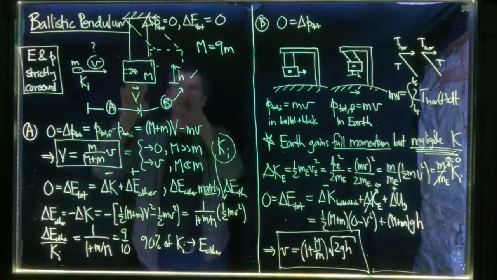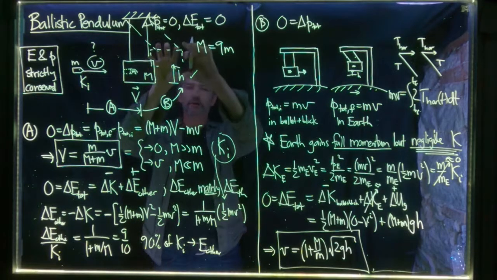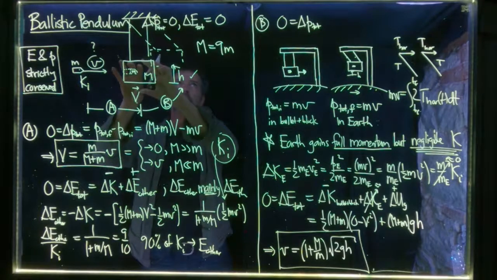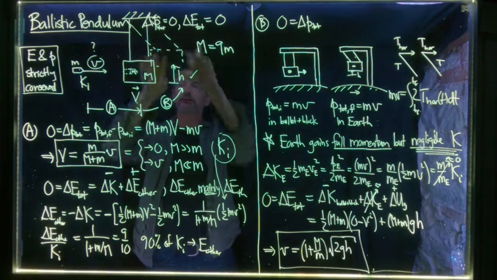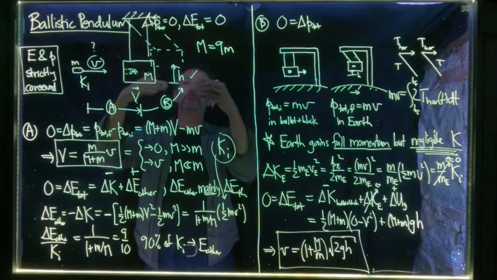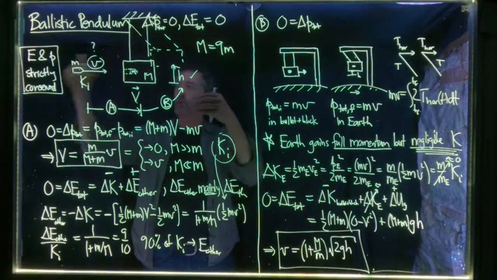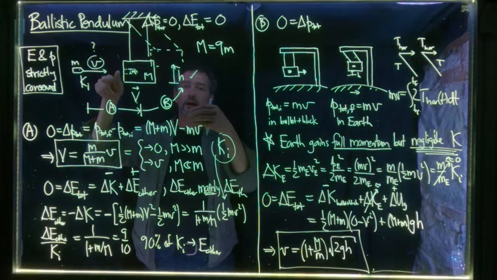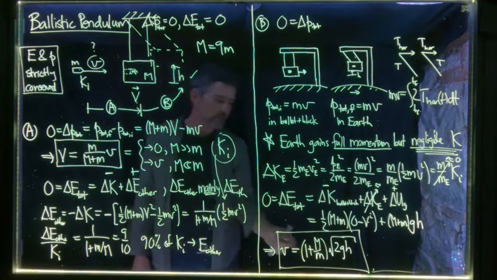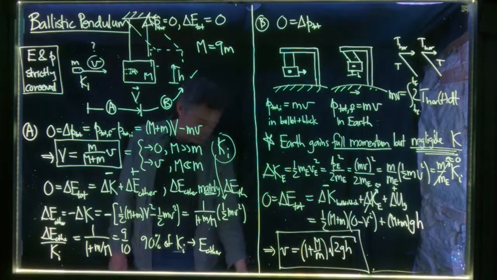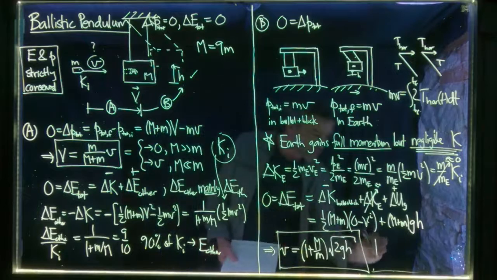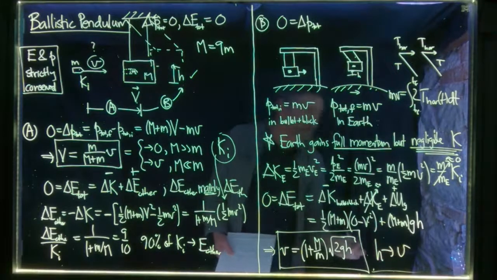That makes sense because for a given height that this thing swings through, the bigger the mass of big M, the more gravitational field energy was increased, which means the more kinetic energy the bullet originally had. So as you crank up the mass big M, you should crank up the speed of the bullet, and you can see that that's in fact the case. So you measure h, and that tells you what v is.